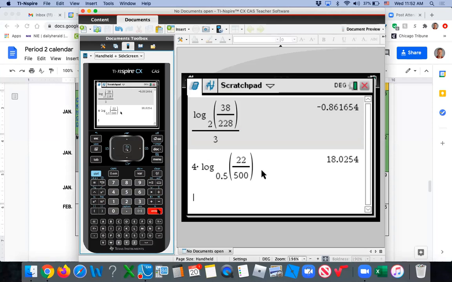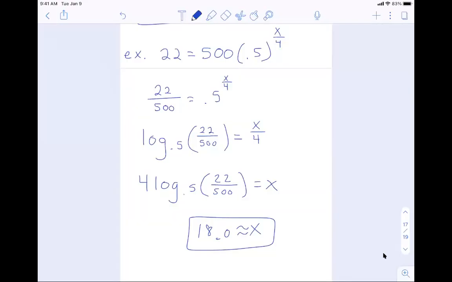And I get 18.0. That will be rounded to the nearest tenth. So x is approximately 18.0.